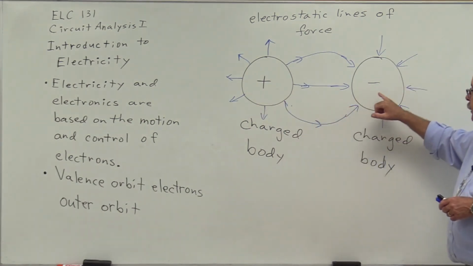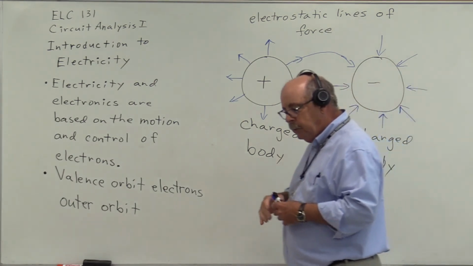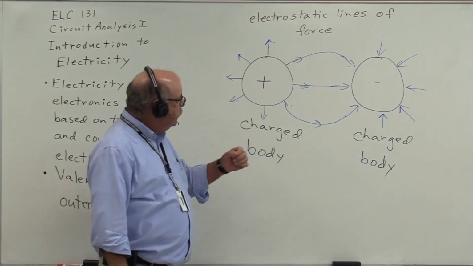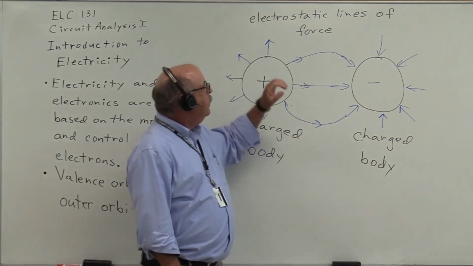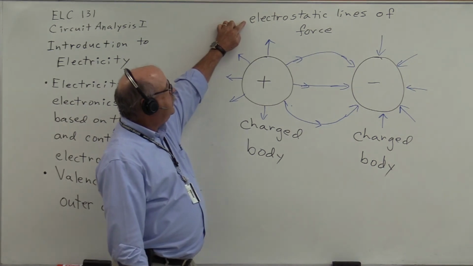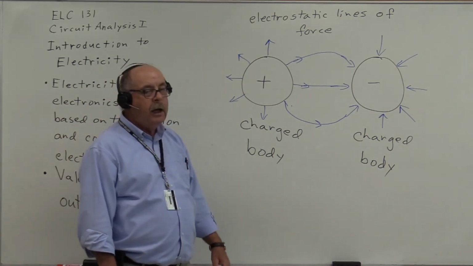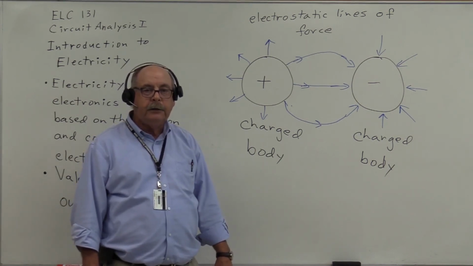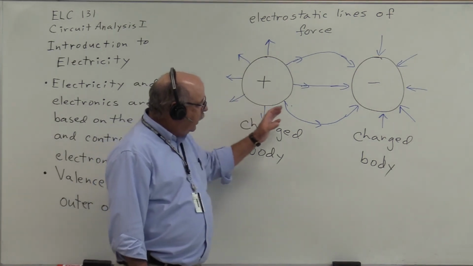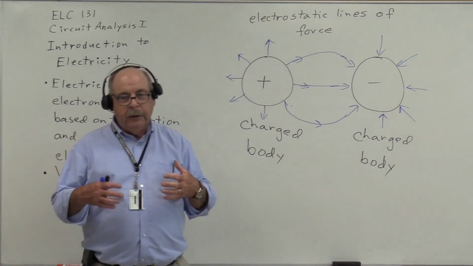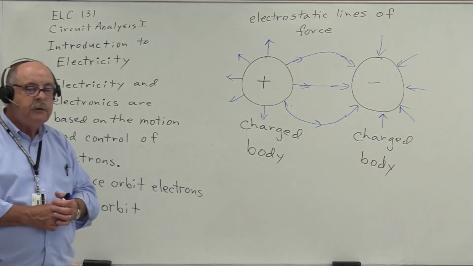And if I can find a way to deposit those electrons onto another body, then of course I can create these charged bodies, which exhibit the presence of electrostatic lines of force around those bodies. And it's those lines of force that affect the attraction or repulsion of these bodies.